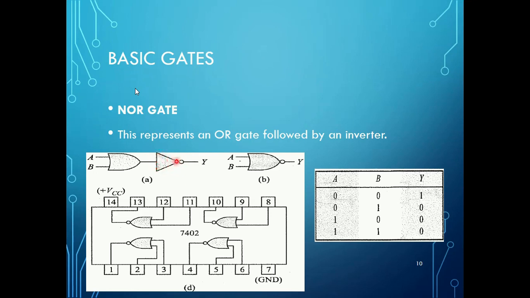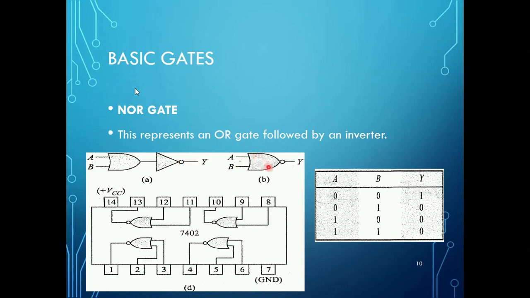This inverter is like a triangle representation, and it's with a bubble. So this complete thing is a NOR gate. You have two inputs and one single output. So you have a combination of two gates, mainly the OR gate and an inverter gate or NOT gate.